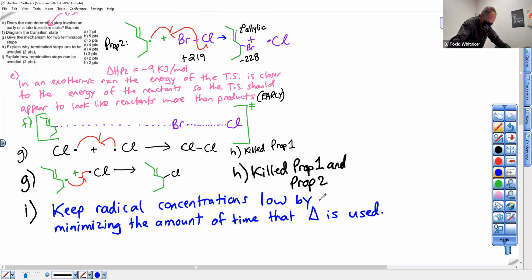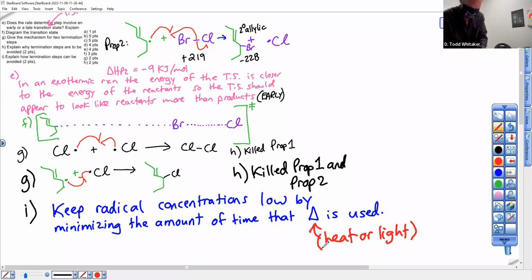Yep. Keep radical concentrations low by minimizing the amount of time that delta is used. That's delta. I want it to be ultra clear. We use delta for mass here too. Heat or light. That's what that delta means. Okay, now I'm happy.